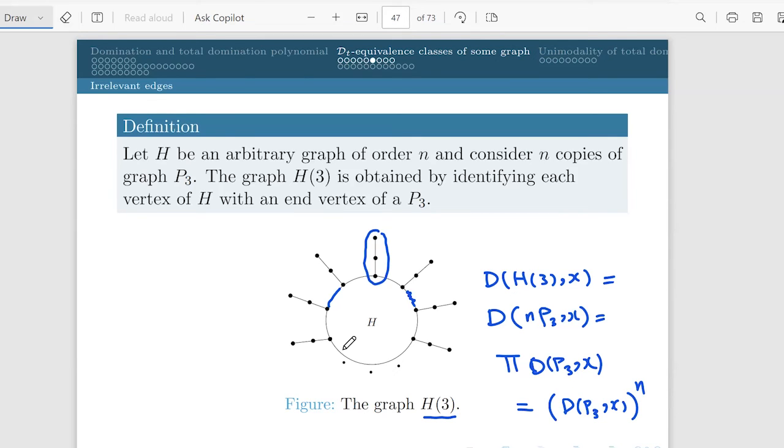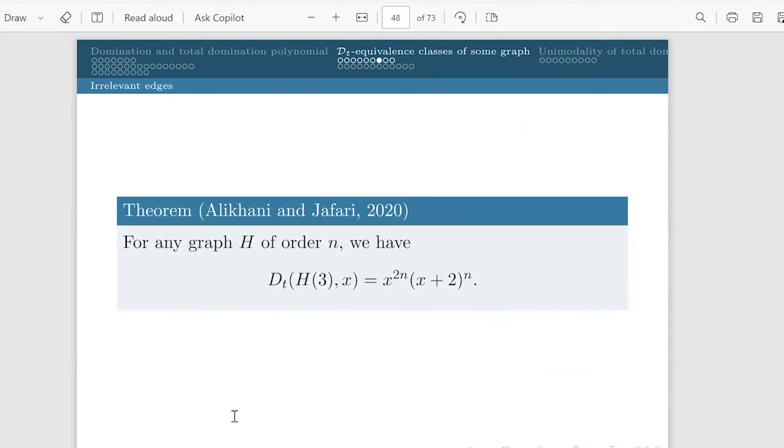And it is easy to see that the polynomial of P3 is x times x plus 2.